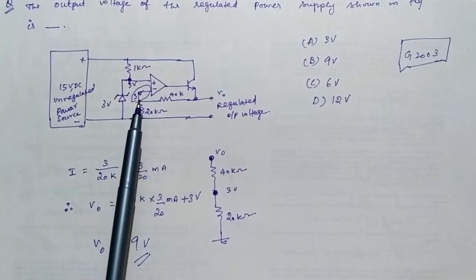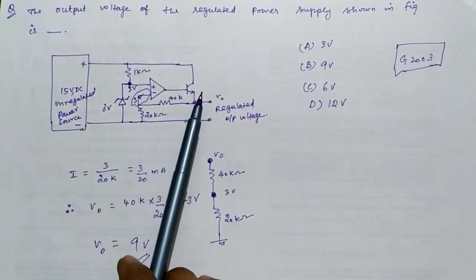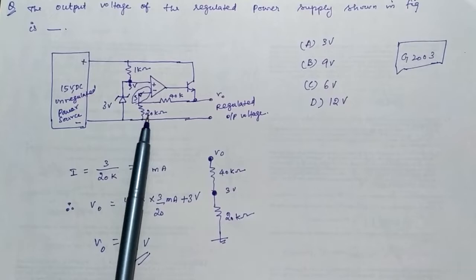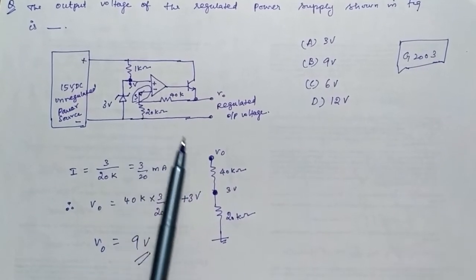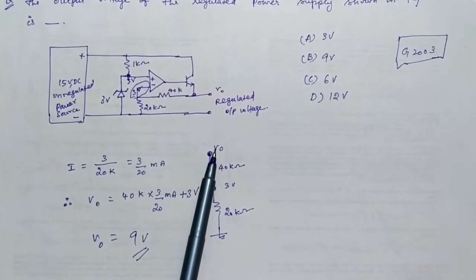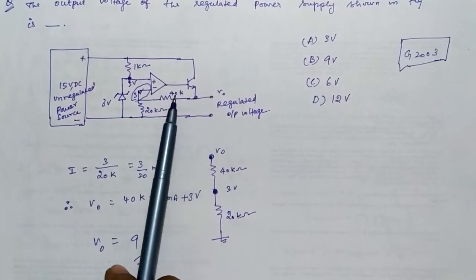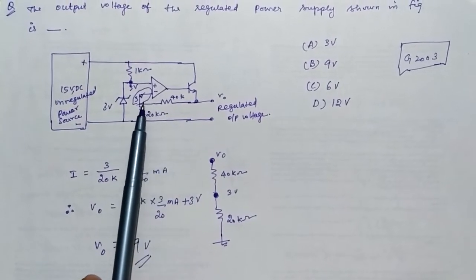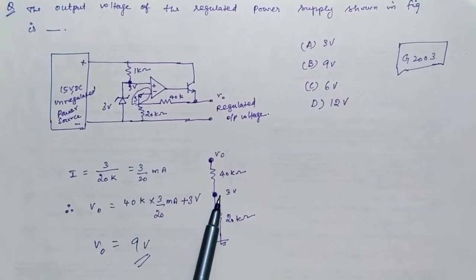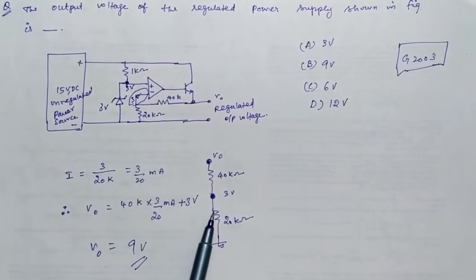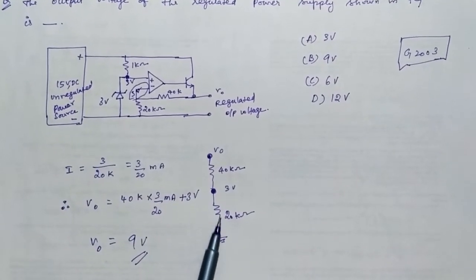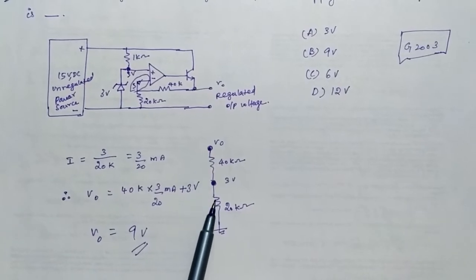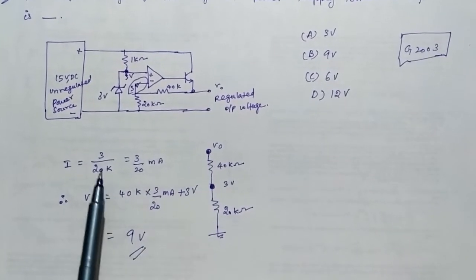On the output side the circuit diagram can be drawn as: V0 followed by 40K, then 3 volt and a 20 kilo ohm resistor. So this is the output circuit.